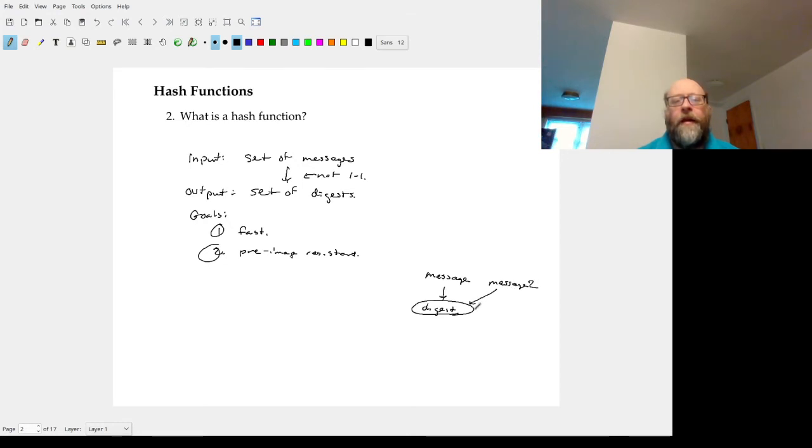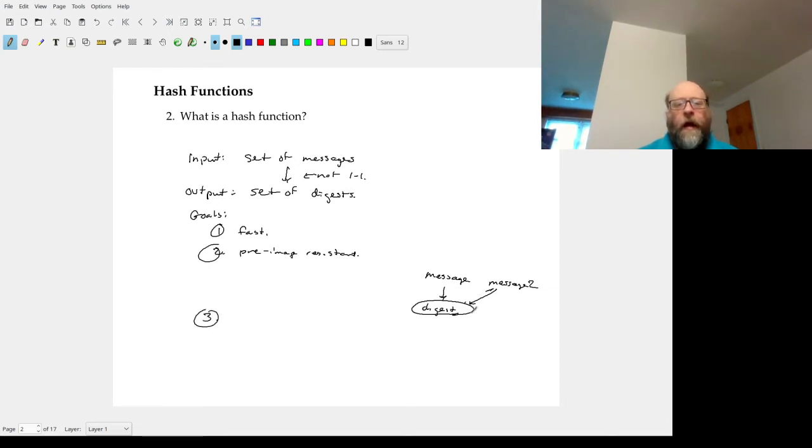I don't want to be able to reverse engineer this digest into a different message, so that even if I didn't know what the original message was, this would create a collision, and that's what we would like to avoid. So I can't reverse engineer this digest into a second message.